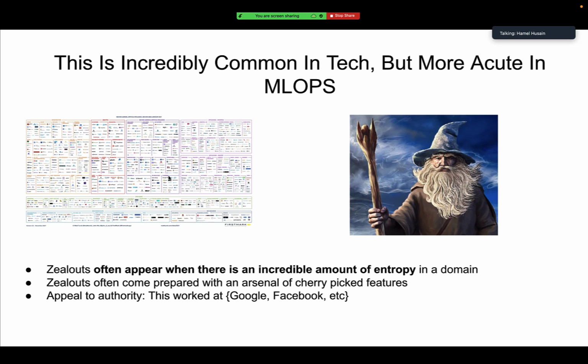This picture on the left is a map of all MLOps tooling, and it's so gigantic you can't even see it without a microscope. I think it's natural human nature to try to make sense of that and want to cut the noise and say, well, I found one tool that is the best and all the other tools are wrong.